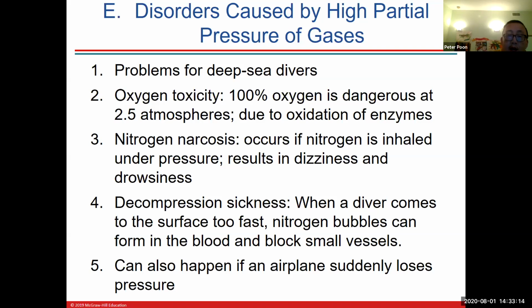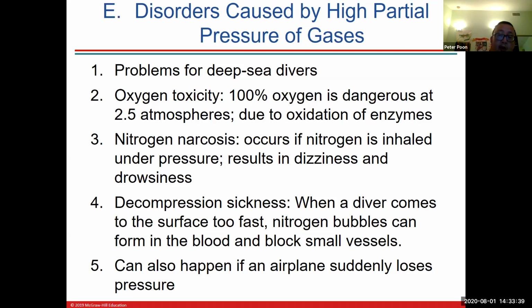Decompression sickness. For deep sea divers, when you go underneath the water, there's a lot of pressure, and because there's a lot of pressure, it reduces the volume of the oxygen and nitrogen and other gases.